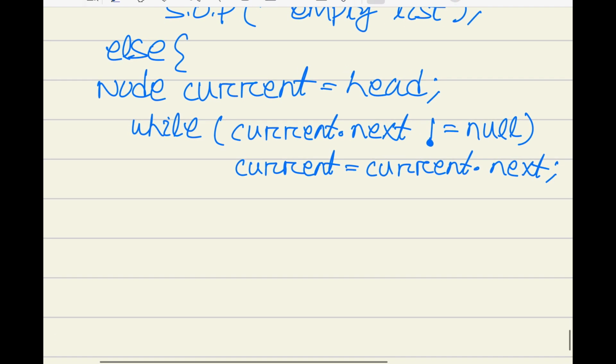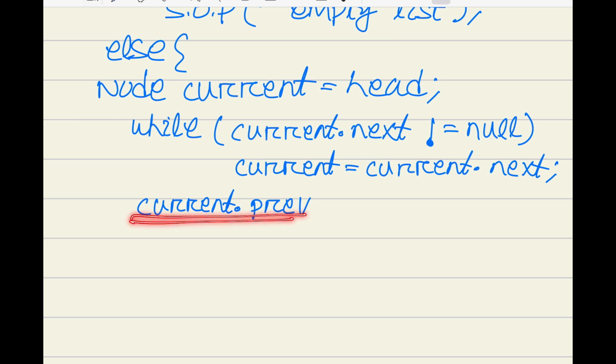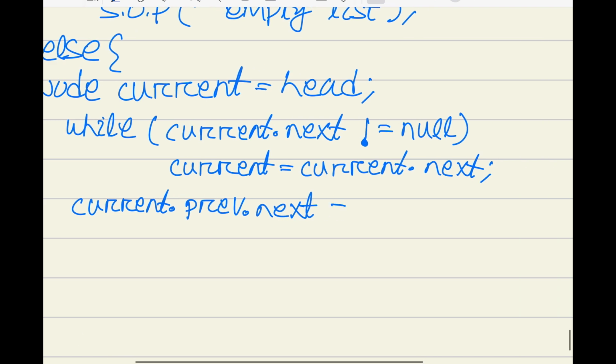We want to make the next of the previous of current null. For that we write current.previous, that means the last node's previous, and its next. So we write current.previous.next equal to null.